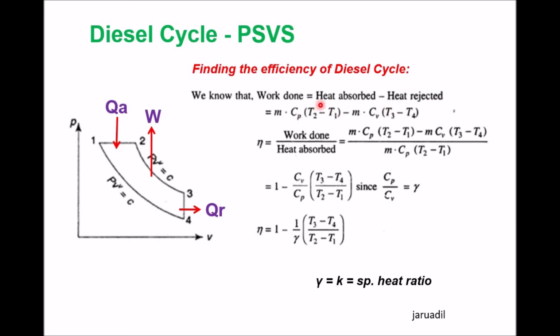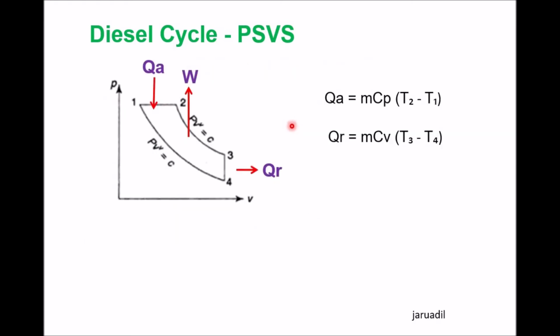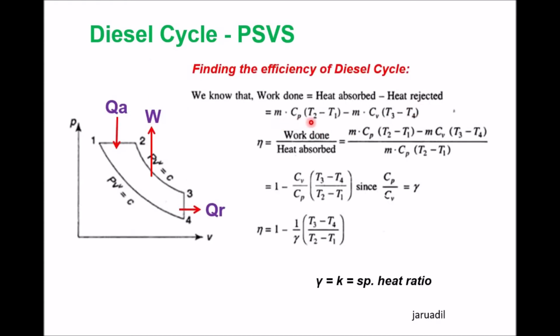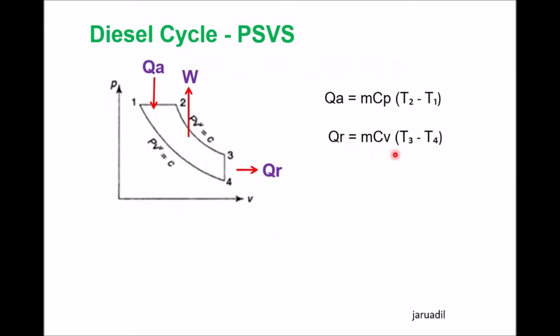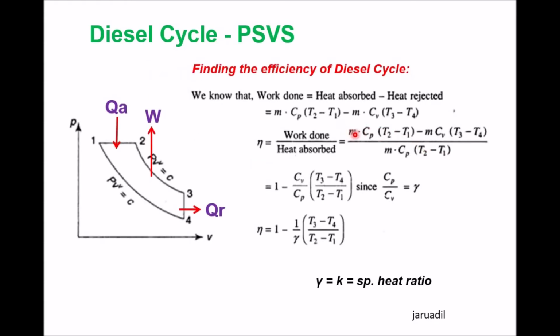We know that the heat absorbed QA from the previous slide is mCp delta T, so we have mCp (T2 minus T1), the final temperature minus the initial temperature. And the heat rejected QR is equal to mCv (T3 minus T4). To find the efficiency, we know that the efficiency is the useful output divided by the input.